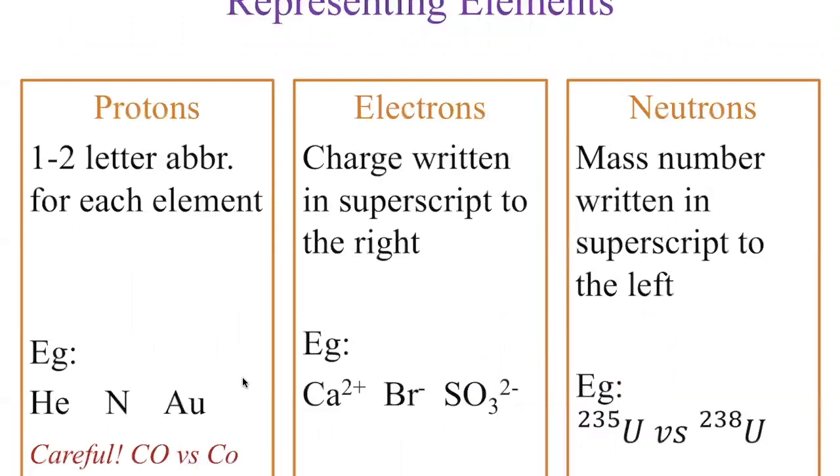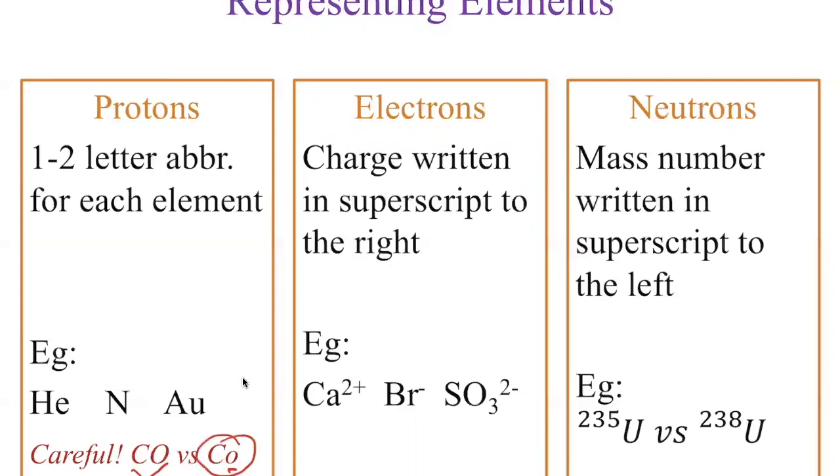Be careful, because if it's 2 letters, the second one must be lowercase. If you don't do this, this is carbon monoxide, where this is cobalt. So when it's 2 letters, make sure the first one is capital and the second one lowercase.